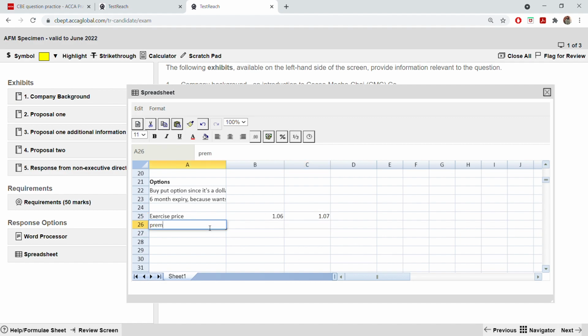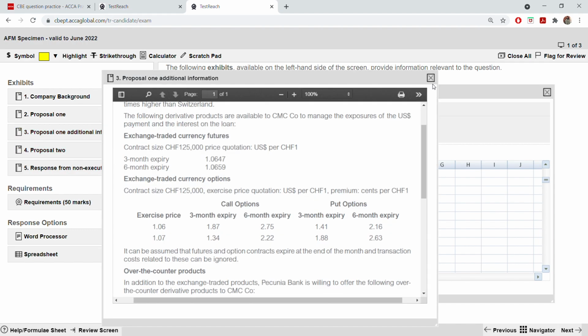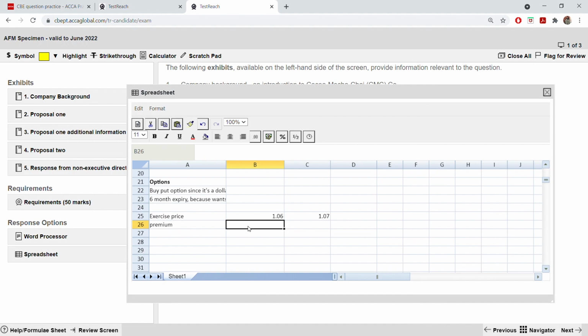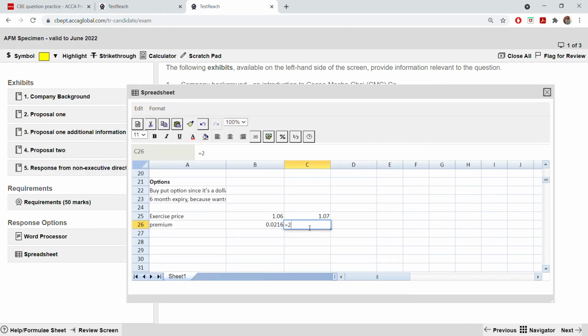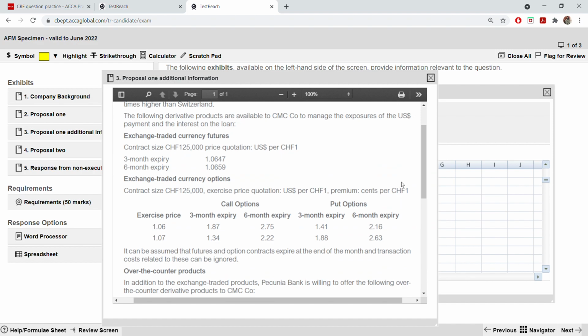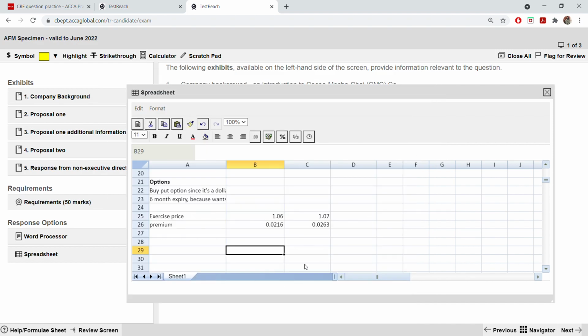Premium, the first one is 2.16, equal to 2.16 divided by 100. And this will be equal to 2.63 divided by 100. Keep this ready. It is dollar per Swiss franc now.